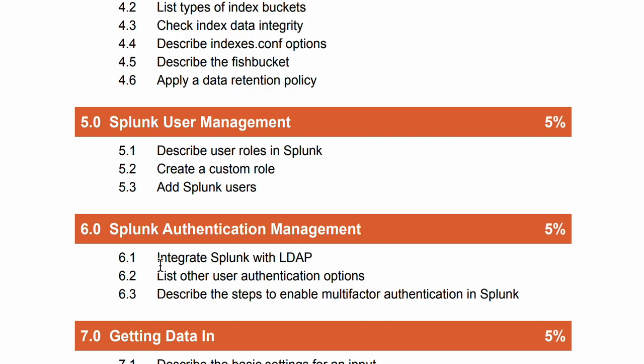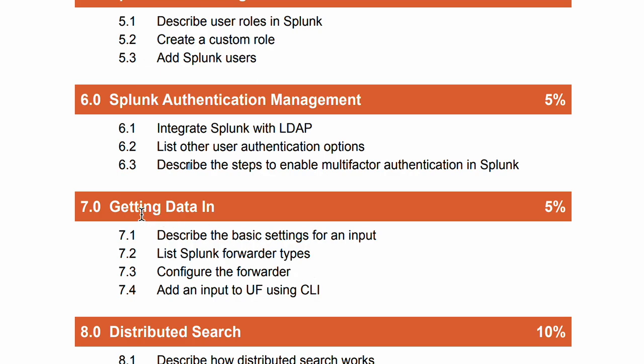There are two kinds of authentication: external or third party authentication, and native authentication. This topic covers integrating Splunk with LDAP, listing user authentication options, and describing the steps to enable multi-factor authentication in Splunk.